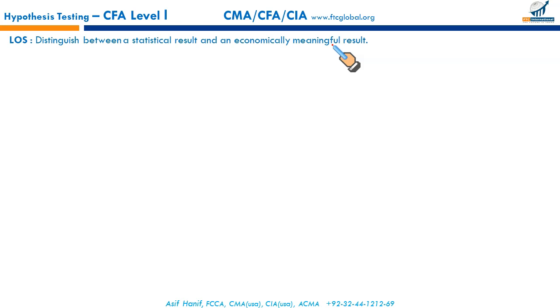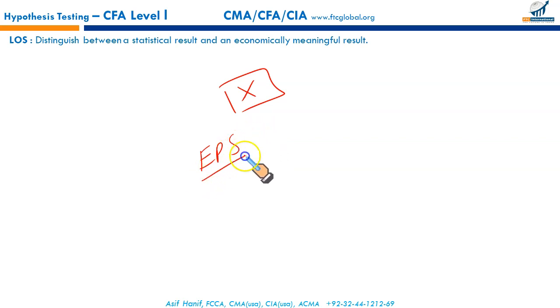So let us assume we want to invest in a country X, for example, and we use our statistical modeling to determine what the EPS is going to be. Our statistical modeling tells us that EPS is going to be a significant amount. Now this is just the stats part.